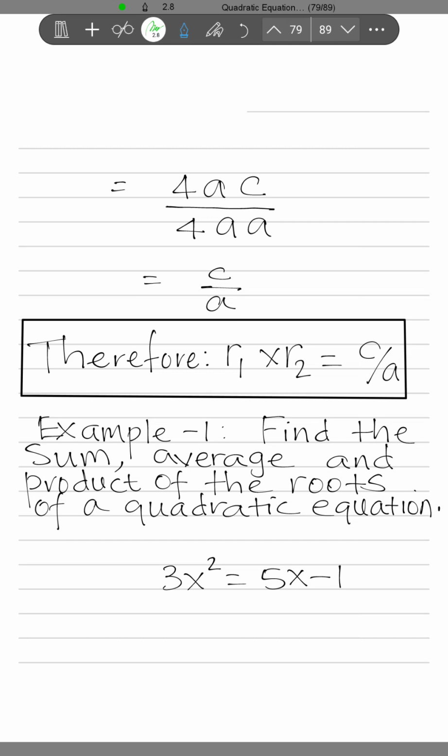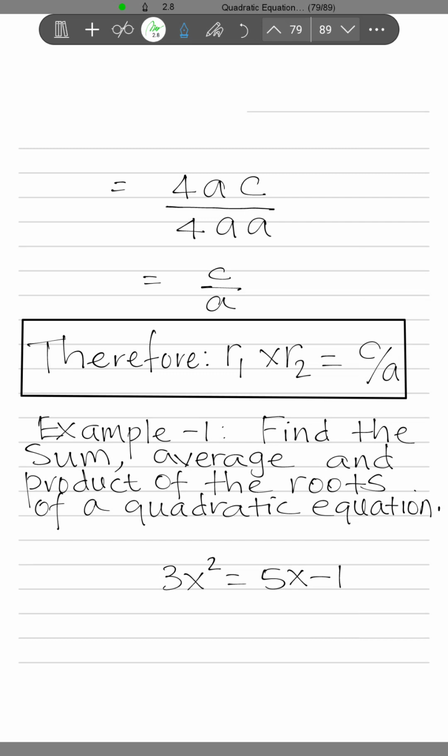We keep in mind these things: minus b over a, c over a, b squared minus 4ac, minus b plus or minus square root of b squared minus 4ac divided by 2a. These things are just very much elementary to remember in any field, especially in the engineering field, in architecture or in civil engineering or in most fields.